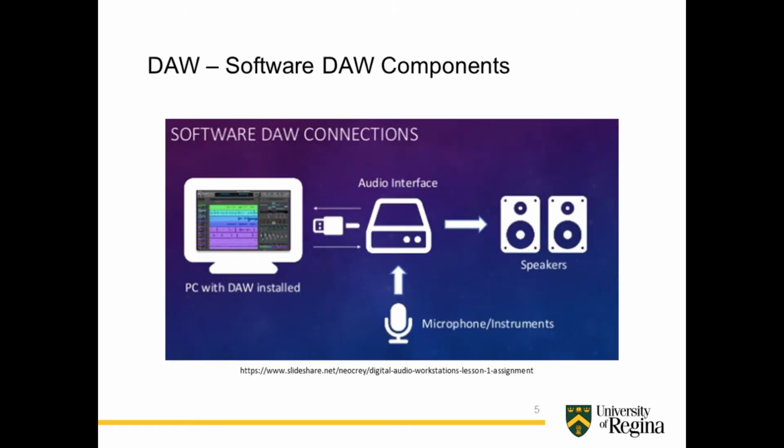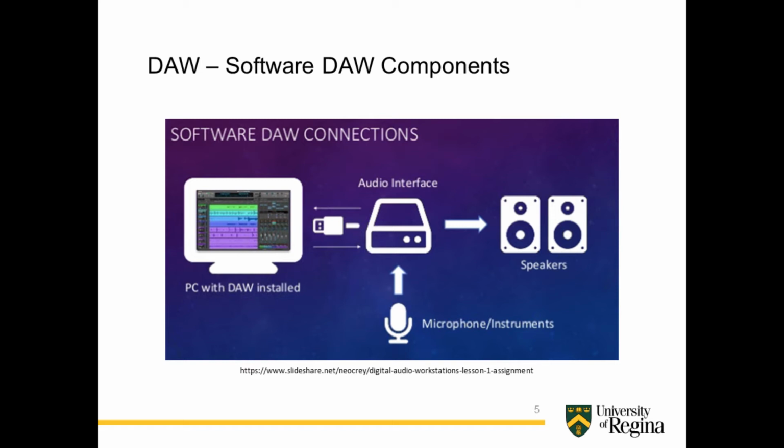And up here we see an example, a diagram of the software DAW components. We have the PC with a DAW installed, and we have an audio interface which is connected to the PC via USB, and we have the microphone, which is the input device, and the speaker, which is the output device in this case. A good example of an audio interface that can be used for this is M-Audio.